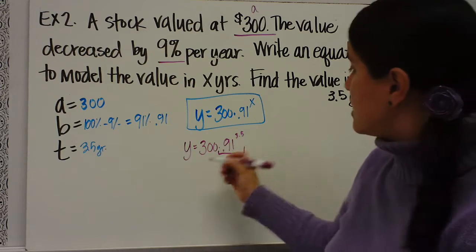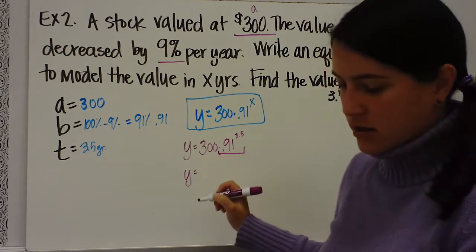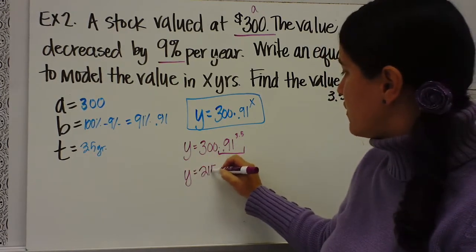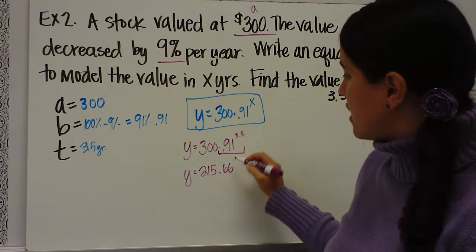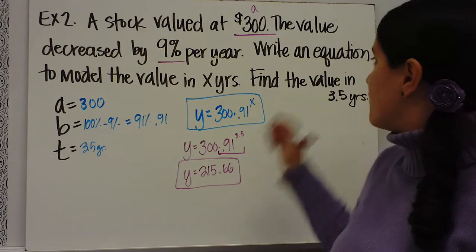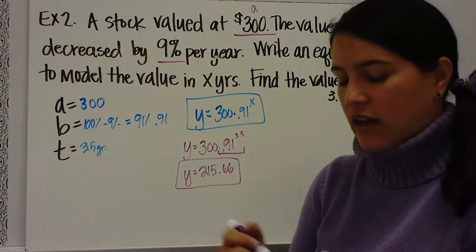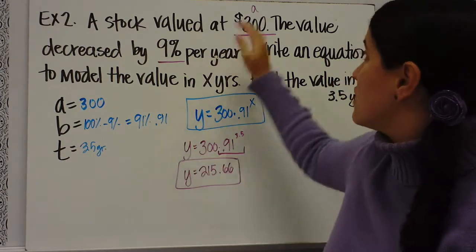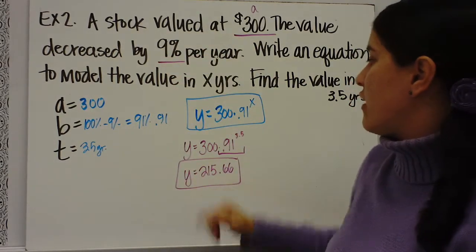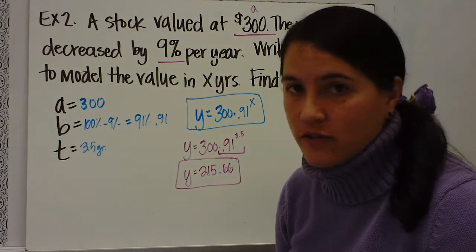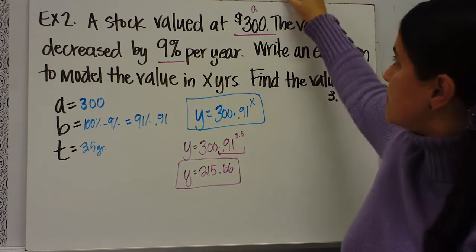And we would get $215.66. So that is how much the value of your stock would be after 3.5 years. It starts at 300, it's decreasing every year, and then after 3.5 years you would have $215.66.